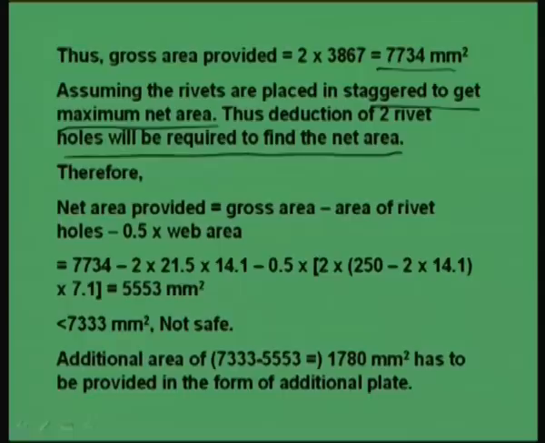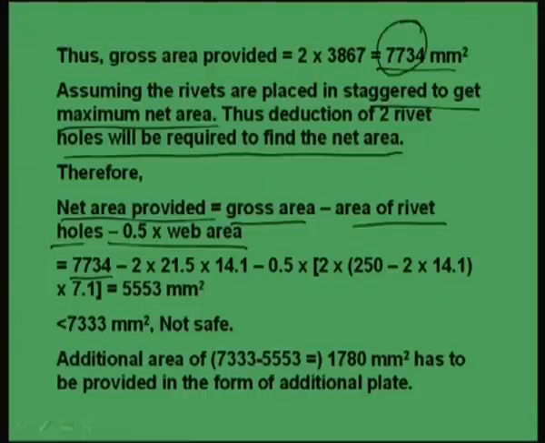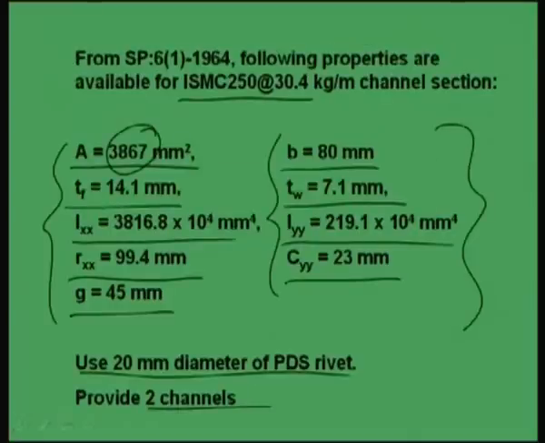So, net area can be found as gross area minus area of rivet holes minus 0.5 into web area, as per the Codal provision. So, the gross area provided is 7734, which is found here, and 2 rivet holes: 2 into rivet diameter 21.5 into thickness 14.1, thickness means this flange thickness 14.1.